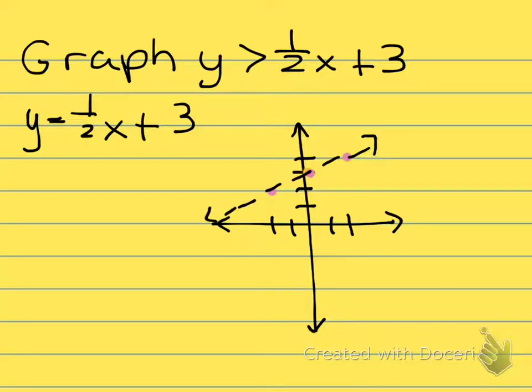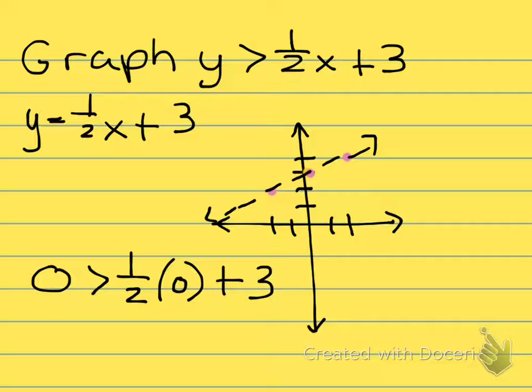Now I need to pick a test point, and usually I say pick 0, 0 unless you have the line going through 0, 0, then pick any other point. But I'm going to pick 0, 0, and I'm going to plug in 0 for y in my original inequality, 0 for x, and I'm going to see if this makes a true or false statement.